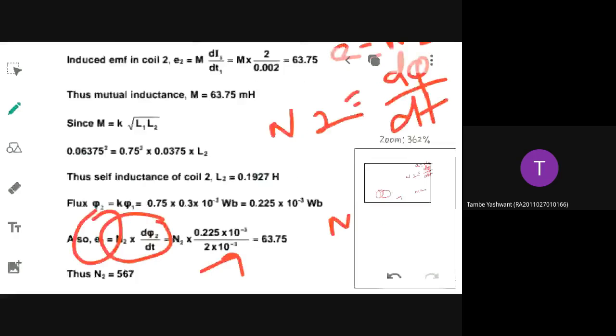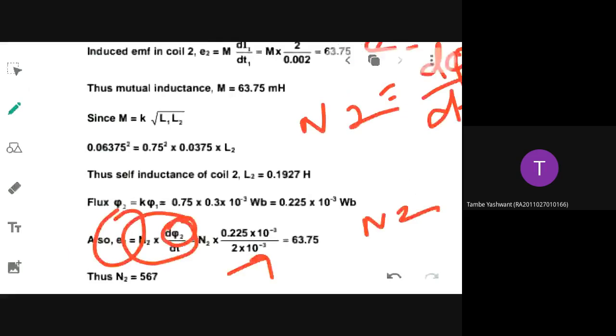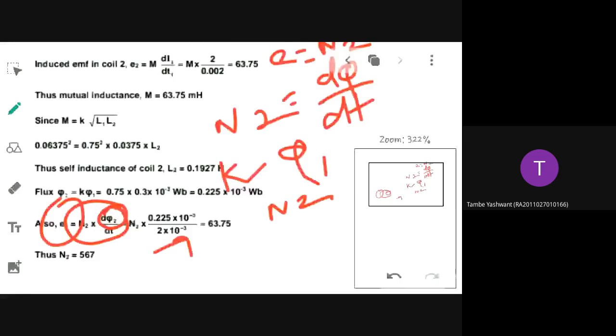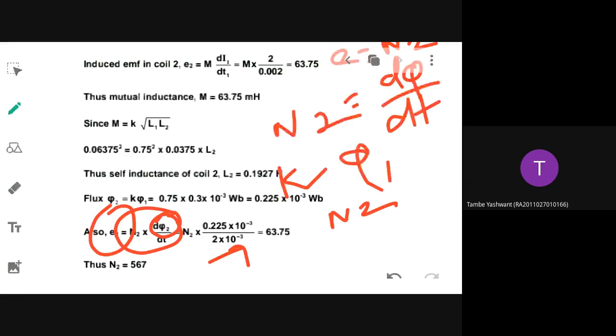That is given by K into φ1, because in the problem they have given φ1 only. They have not given φ2. How much flux is linking with the secondary coil is not given. But the coefficient of coupling is given. So use that and find out the number of turns N2.